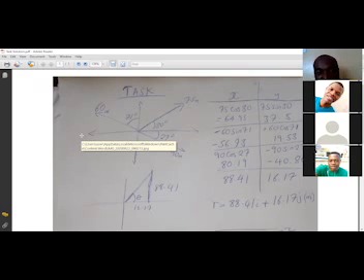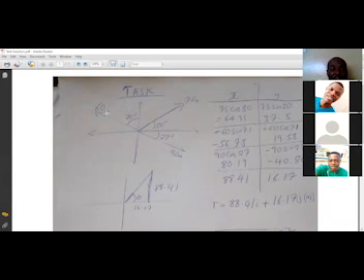I've trusted that you already know where north is, where south is, and all. Then B is 60 meters, 71 degrees west of north.